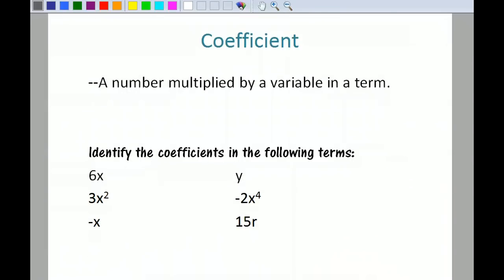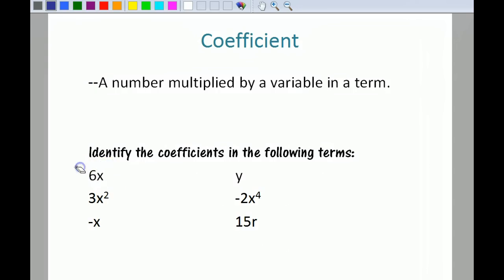Now let's look at coefficient. Coefficient is another one of those key vocabulary words. And a coefficient is a number that's multiplied by a variable in a term. So let's look at these examples at the bottom, and let's identify the coefficients. Now the coefficients are going to be the number that's in front of the variable.